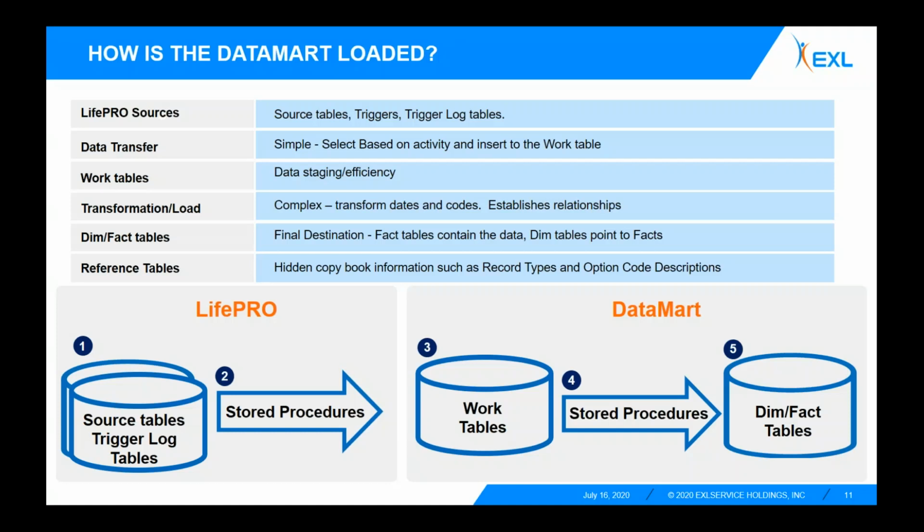Then, running a series of transformations, the data is loaded to DataMart destination tables, which is fact and dim in the diagram. Then we have reference tables, which basically have all the copybook information like option codes, record type descriptions. They are loaded one time with the initial load. So the simple and well-documented data flow allows easy adaptability by the operations team.